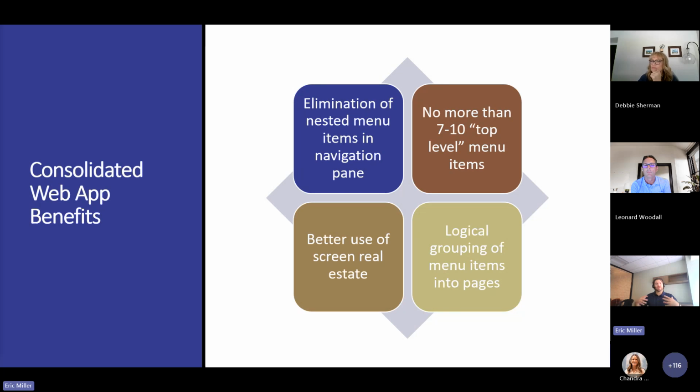So while we have talked about everything that's changing, the final thing I want to talk about is the benefits of this, right? This is a much more streamlined user interface. I think the biggest win from a user experience perspective is eliminating those nested menu items on the left-hand navigation pane.